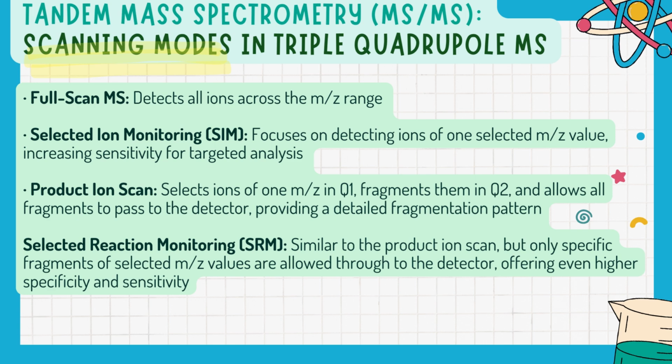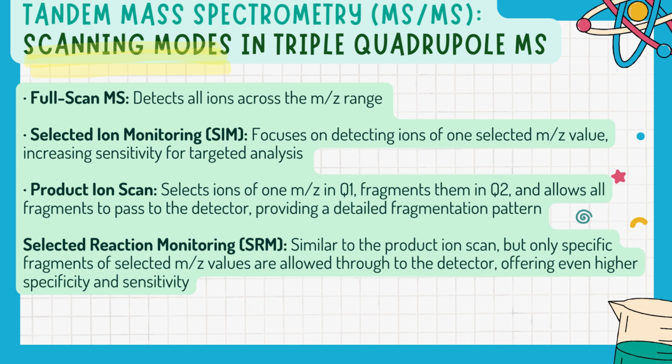Scanning modes in triple quadrupole MS or mass spec. So we have the full scan MS, where all ions across the mass range are detected. We also have SIM, which focuses only on particular sets of ions.